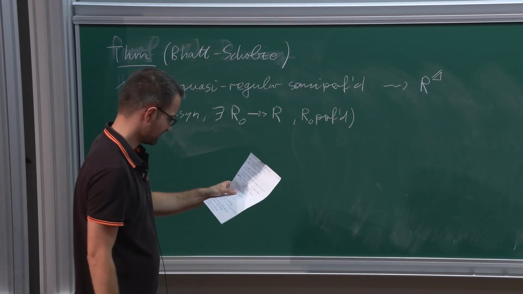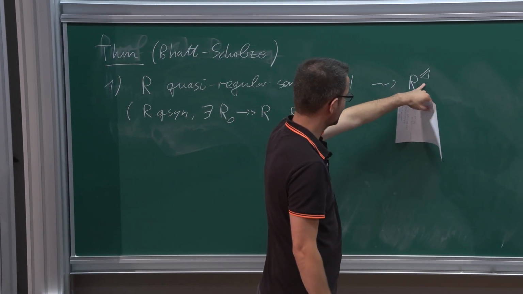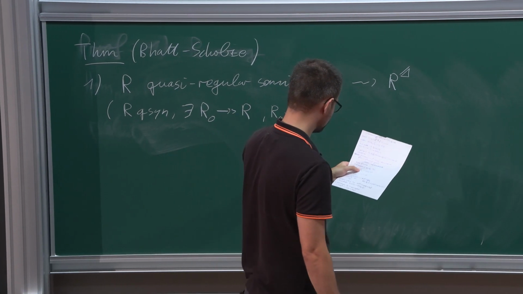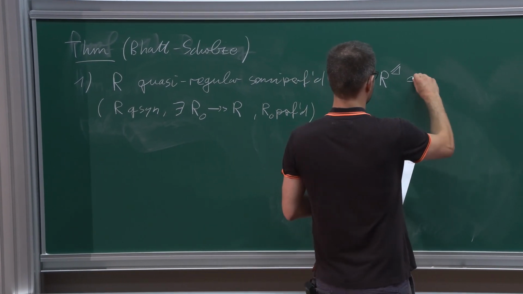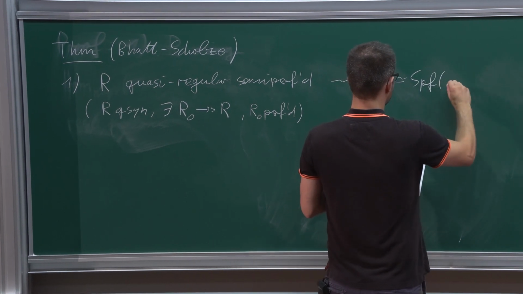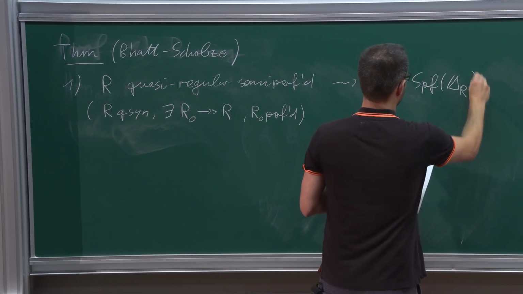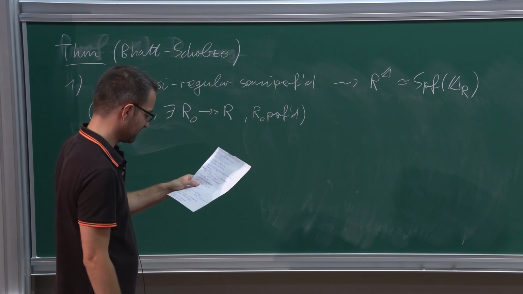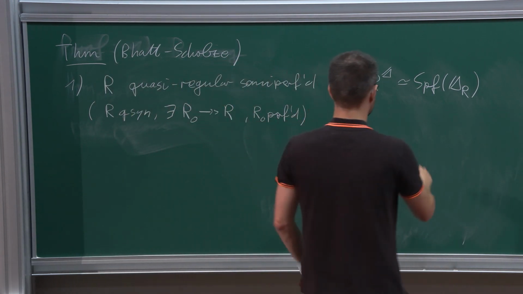Exactly, yeah, thanks. And so the prismatization of R is just represented by the Spf of the prism of R.